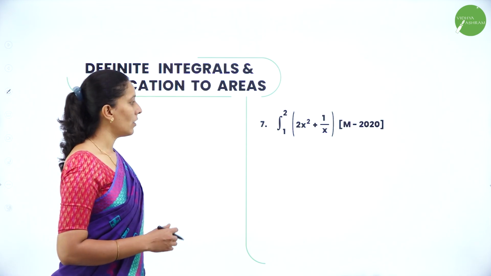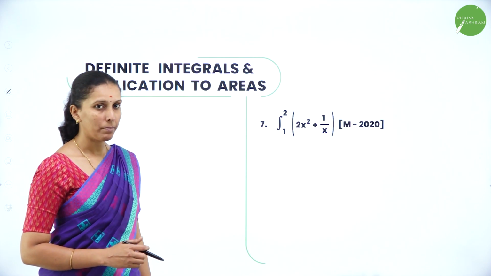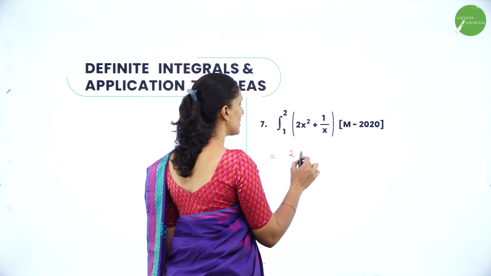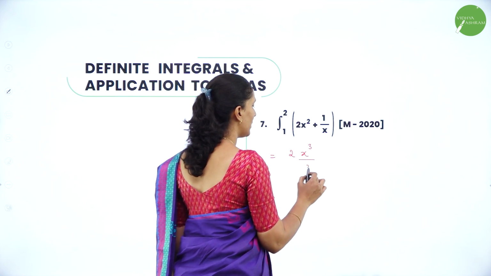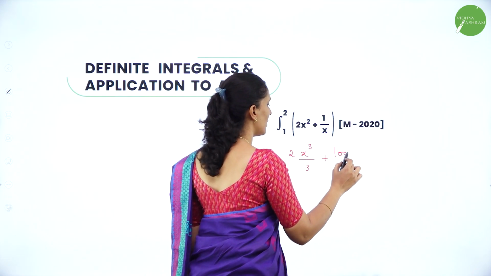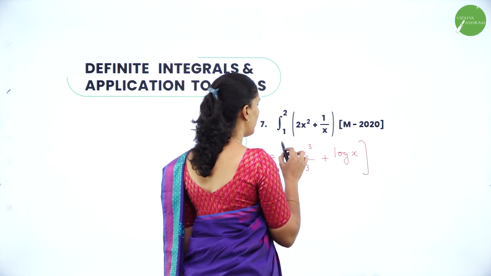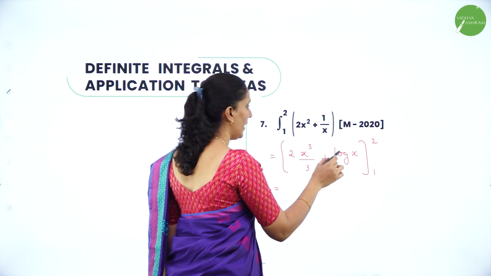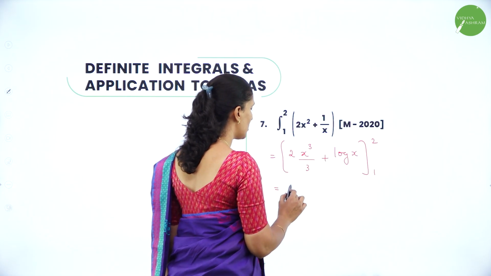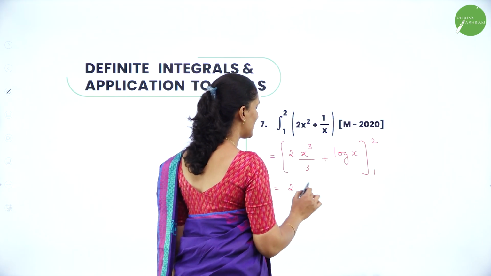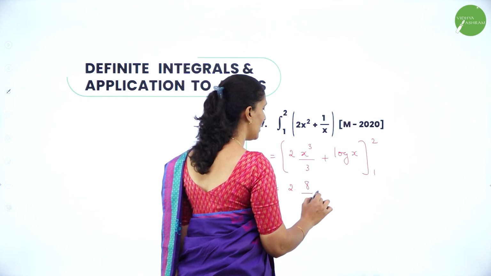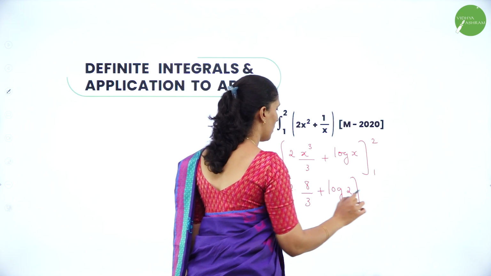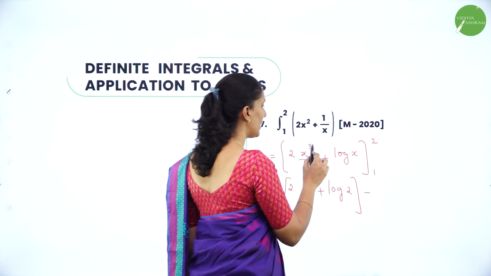Next we have integral 1 to 2, 2x square plus 1 by x with respect to x. So after applying the integral, we'll get this as 2x cube divided by 3 plus log x here. The limits are from 1 to 2. Now let us apply the value of x as 2 first. 2 into 2 cube is 8 by 3 plus log 2 minus, next again we apply it as 1.